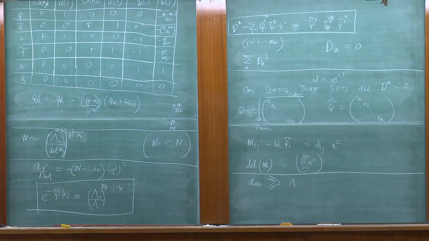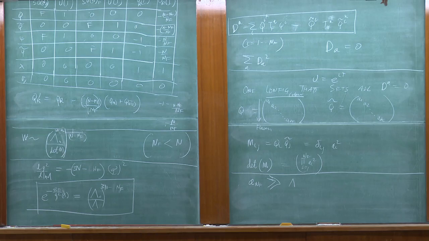Is this clear? So you see that the effective beta function running at scales below A and F is going to be governed by a different beta function, one associated not with SU(N) theory, but SU(N-1) theory. Is this clear?